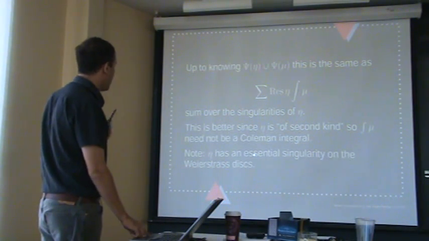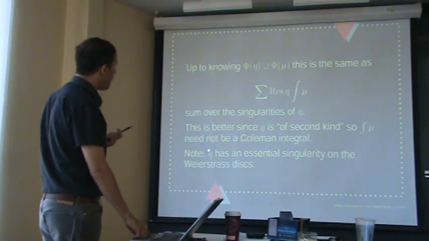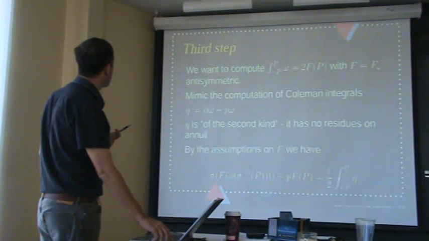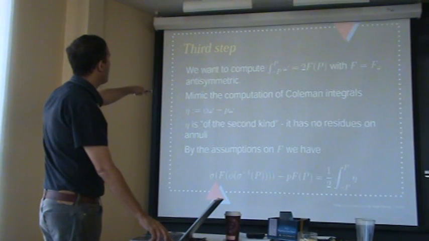is where the computational difficulty would come up. Eta, remember, was this phi omega minus p omega.